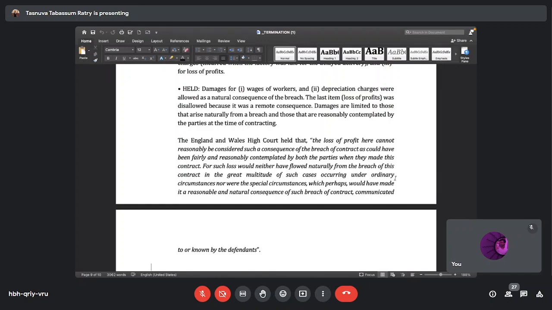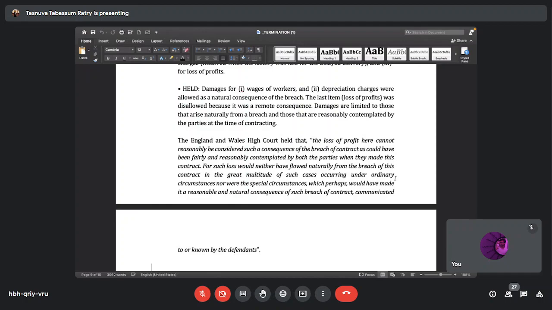As a result, the parties are not allowed to receive any compensation for any remote consequences of the breach. So, from this case, the usual losses calculation was introduced. It said that when we are calculating usual losses along with the actual loss suffered by the parties, the usual losses will be the damages which are natural consequences of the breach of contract.